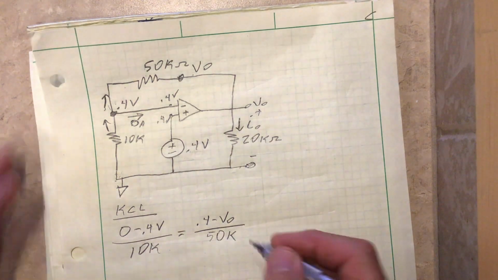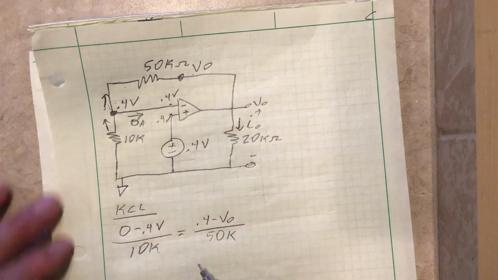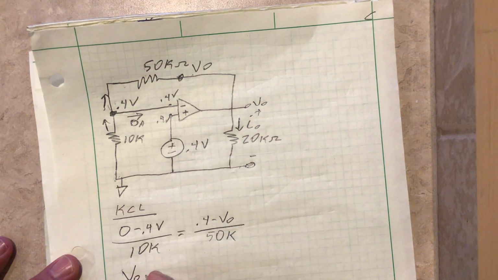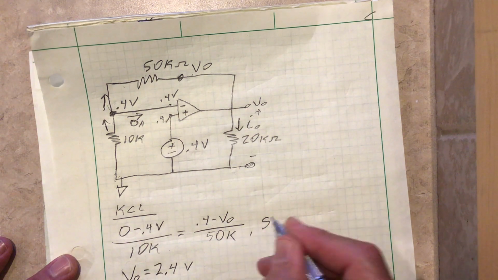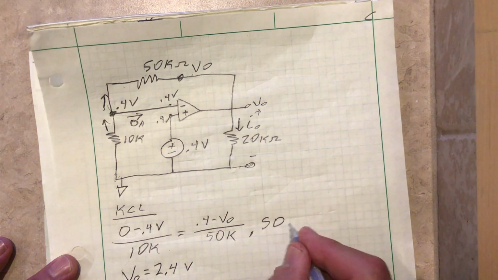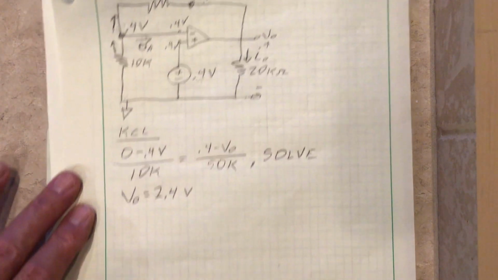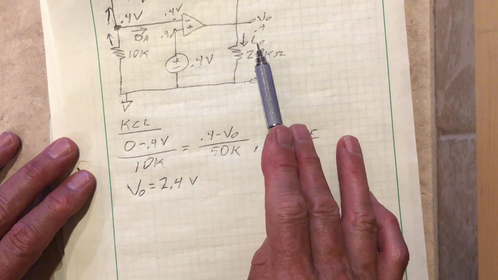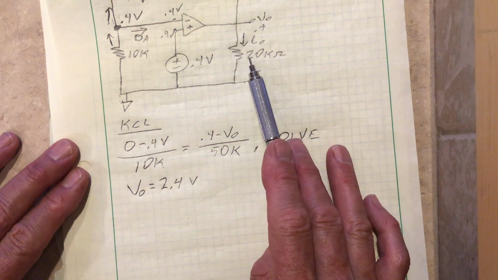All right, look at that. One equation, one unknown. Do a little bit of algebra, and you can come up with V out is 2.4 volts. I won't make you watch me do algebra, because really, who wants to watch algebra? All right, there we go. My output's 2.4 volts. Of course, we also want the current output. So that's the current through this 20K ohm resistor.